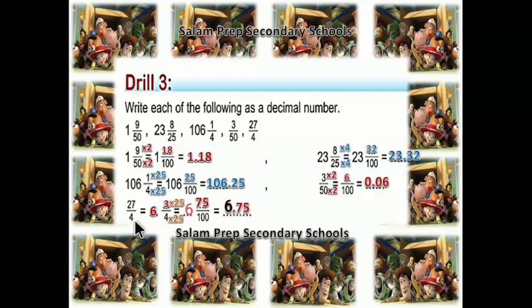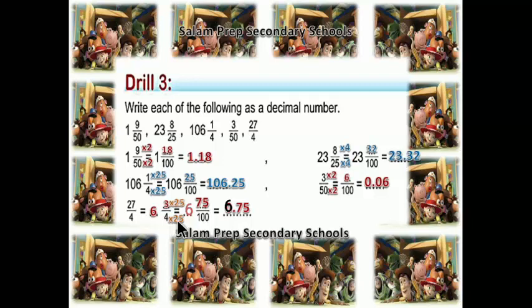We can write improper fraction in mixed number. 27 over 4 equal 24 over 4 plus 3 over 4. 24 divided by 4 equals 6. Okay, and write 3 over 4. The mixed number is 6 and 3/4.